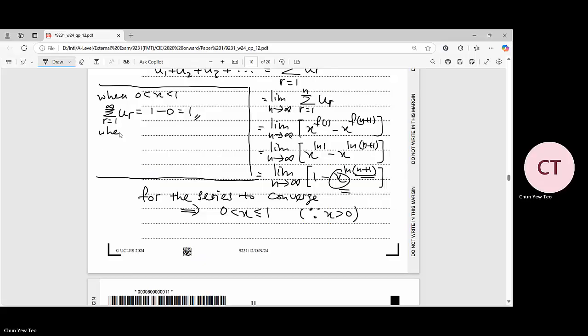Then when x is equal to 1, we want to consider that case. So when x equals 1, the sum to infinity will be 1 minus 1, which is 0. So this will be the answer for question 5B.